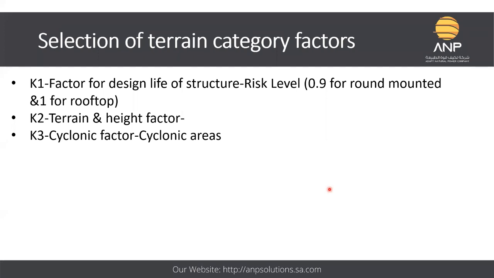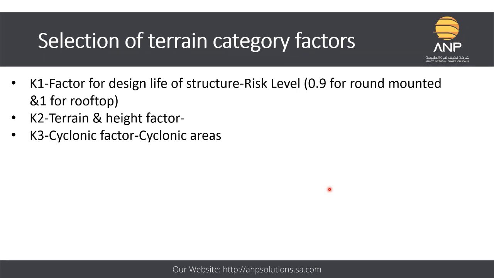Another factor, if you are designing the module mounting structure for a rooftop installation, is the height of the building. You also have to consider whether there is any building in the vicinity, because if there is a building in the vicinity of the installation area, the wind speed will be less.